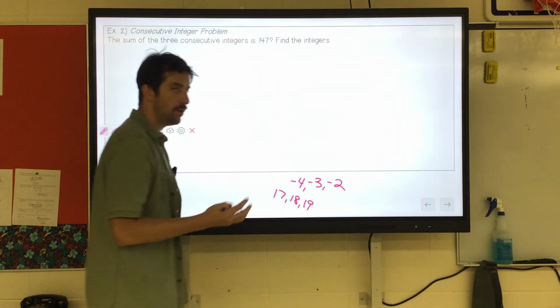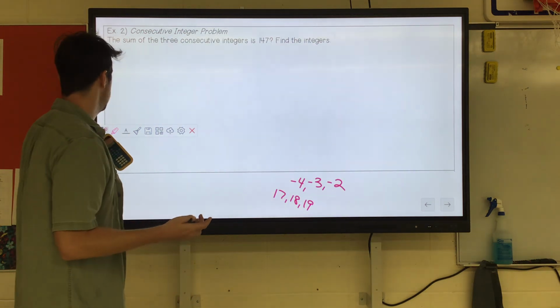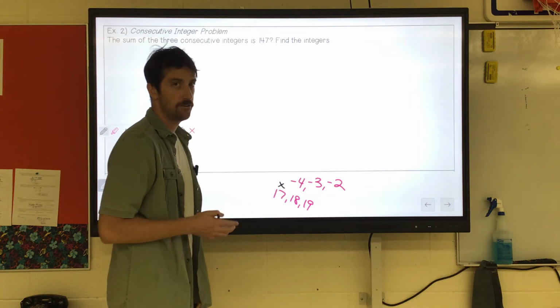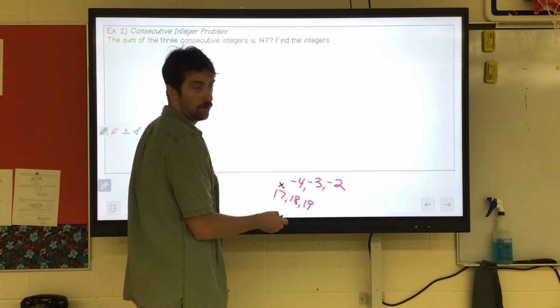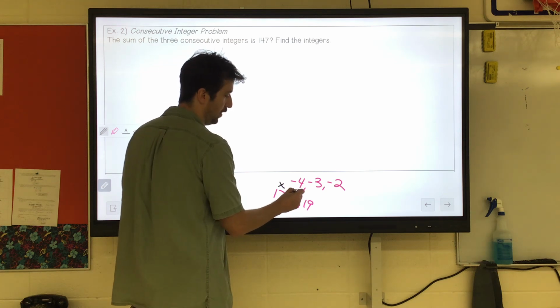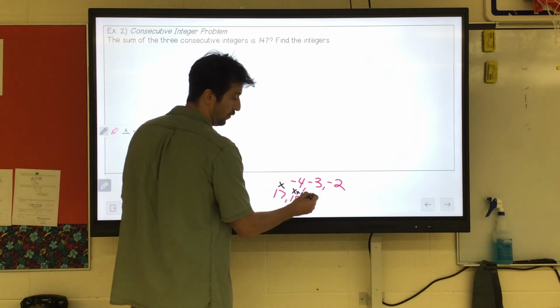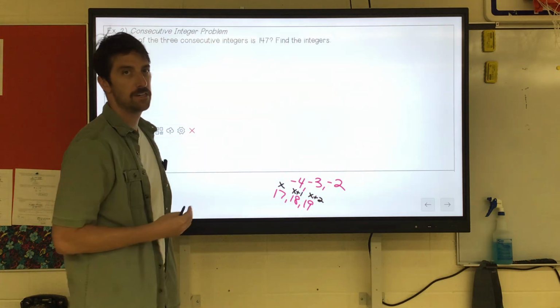Now, we don't know the integers that we're looking for here. So we have to put in a variable. So let's say our first unknown is x. The second one is 1 higher than that, so the way we're going to represent that is x plus 1. And then the third one is 2 higher than that first one, so it'd be x plus 2. So that's how we're going to represent 3 consecutive integers.